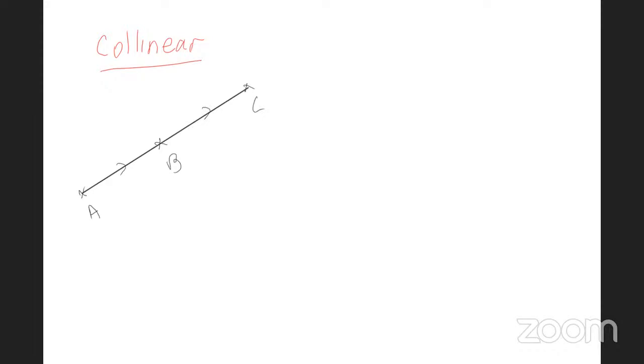So to show that 3 points are collinear, I'll give you the 2 steps. Anybody have an idea what we could do?